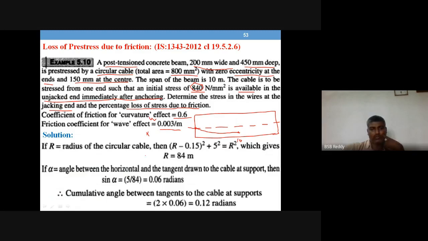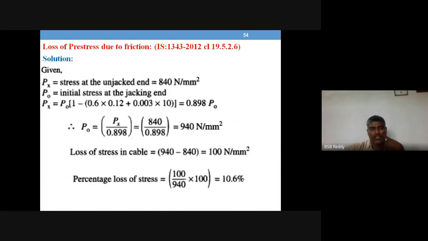So to use the formula, Px is equal to P naught into 1 minus (mu alpha plus kx). That is the formula. So mu times alpha, k times x. So you need the alpha value.